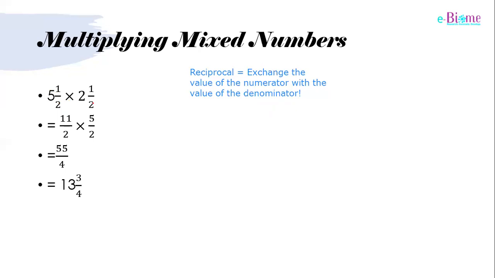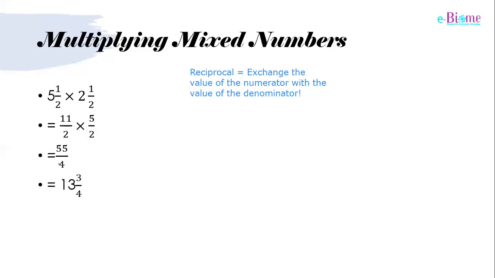Likewise with this one, 2 times 2, 4 plus 1, 5 divided by 2. See if there's anything we can simplify. No, there's nothing. And so we multiply straight across. So 11 times 5 gives us 55, and 2 2s is 4.